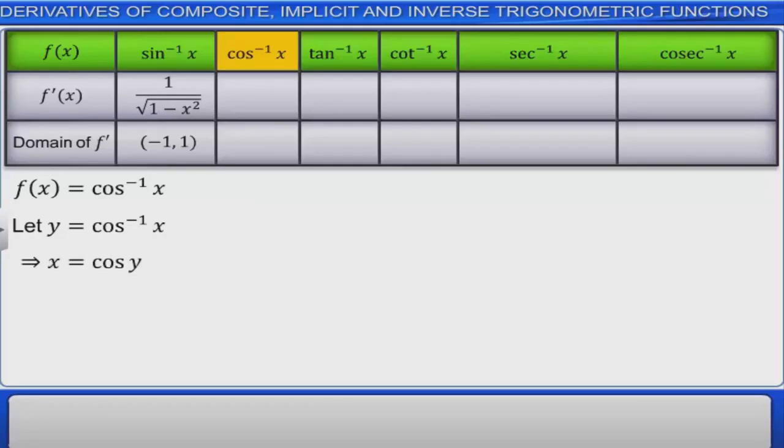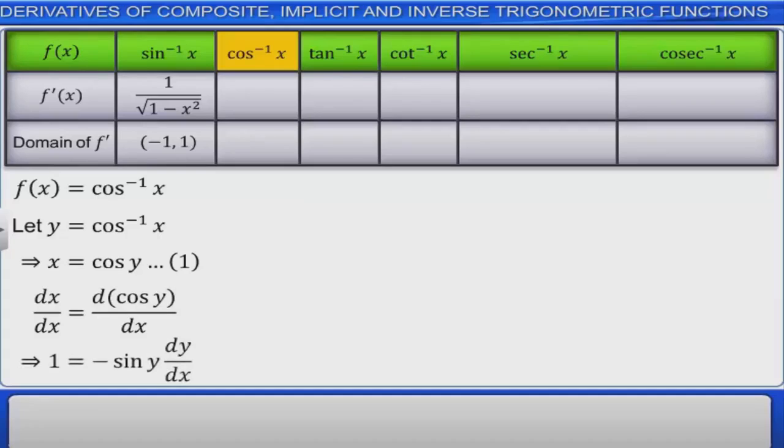Now, let's differentiate both the sides with respect to x. We know that the derivative of cos y with respect to x is equal to minus sin y into dy by dx. This implies that dy by dx is equal to minus 1 divided by sin y.